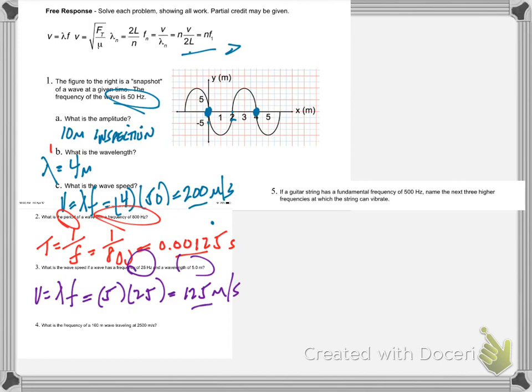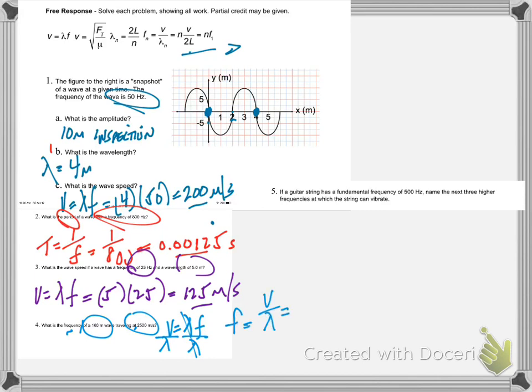Number 4, what's the frequency of a 100-meter wave traveling at 2,500 meters per second? So we can use velocity equals lambda f. And we're solving for frequency, so we divide both sides by lambda, and we have frequency equals velocity divided by lambda.